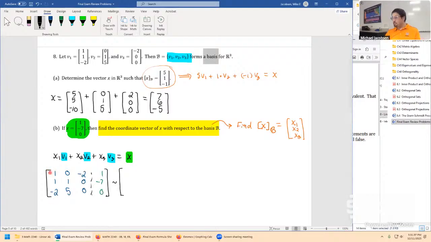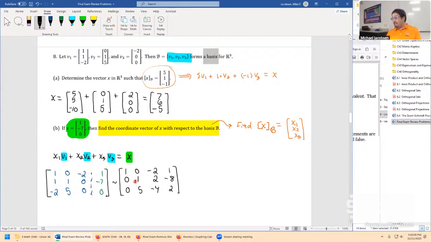So starting here in row 1, 1, 0, negative 2, 1, multiply row 1 by negative 1, add to the row below, and we get 0, 1, 2, negative 8. Now double row 1, add to row 3, replacing it, and we get 0, 5, negative 4, and 2. So column 1 is all set up.